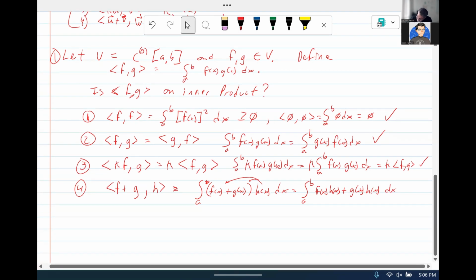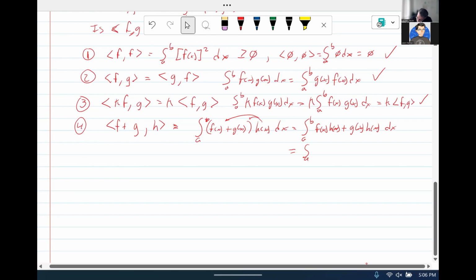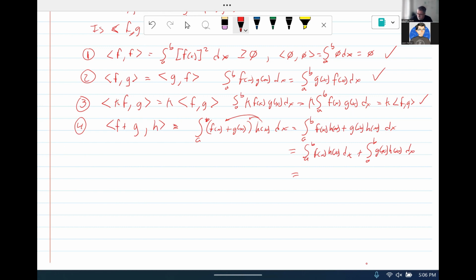And now I'm going to break this up into two separate integrals: the integral from a to b of f of x h of x dx plus the integral from a to b of g of x h of x dx.